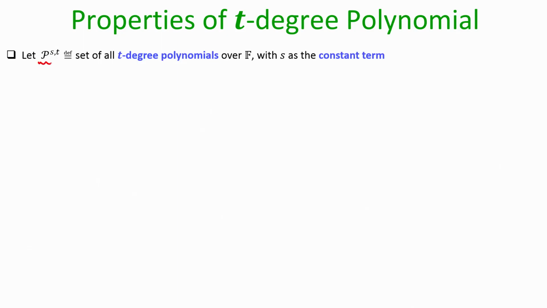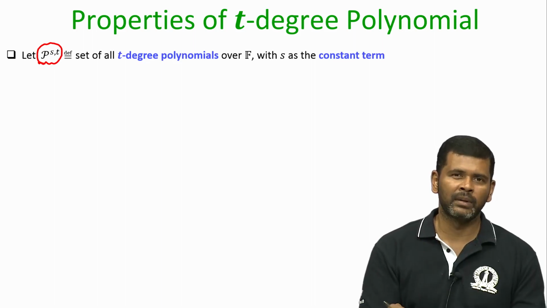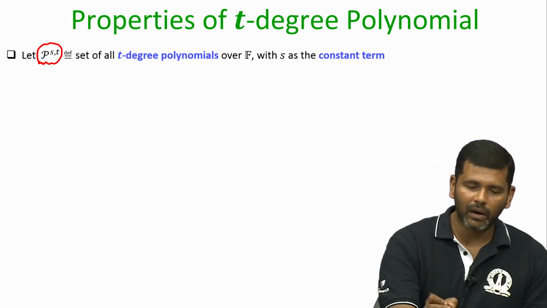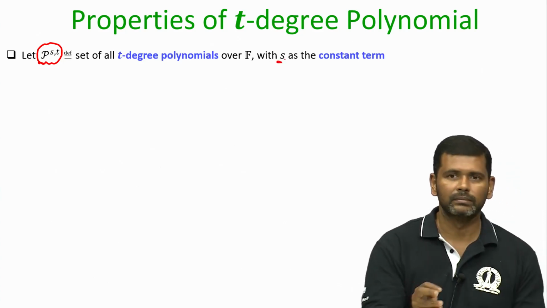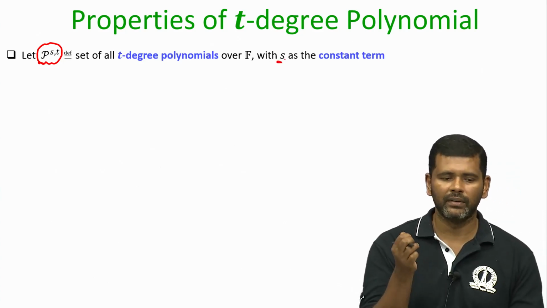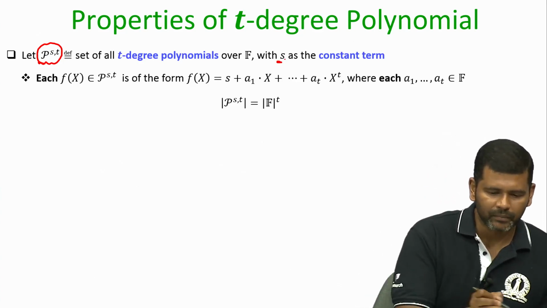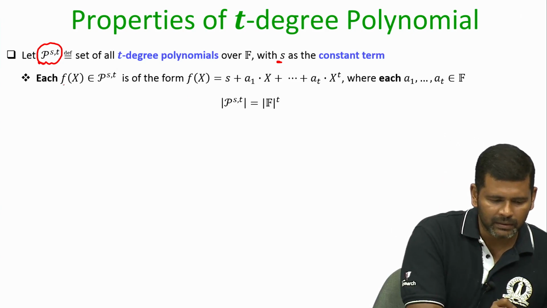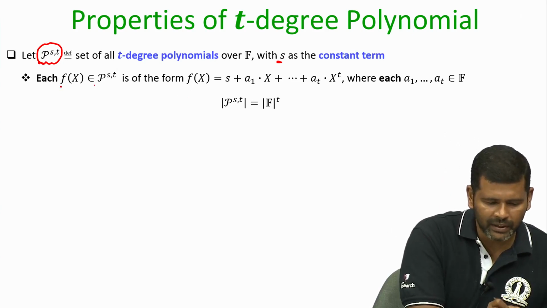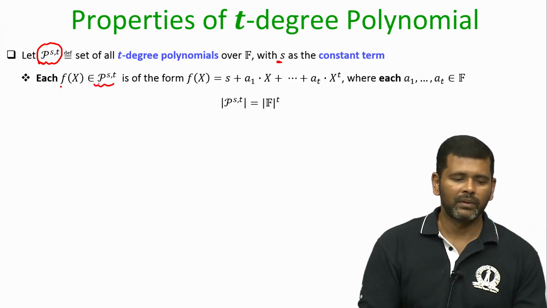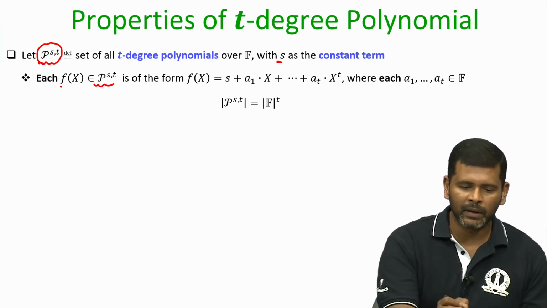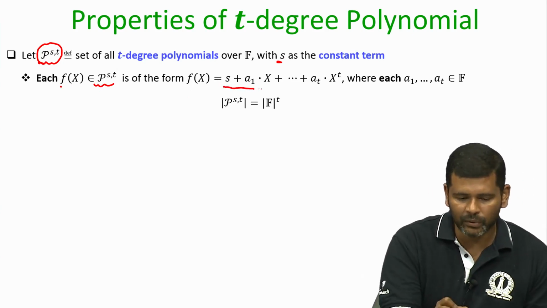So, let me call this set P superscript s comma t to be the set of all t degree polynomials over the field whose constant term or constant coefficient is the element s. Each polynomial from this collection P superscript s comma t will have t plus 1 coefficients.